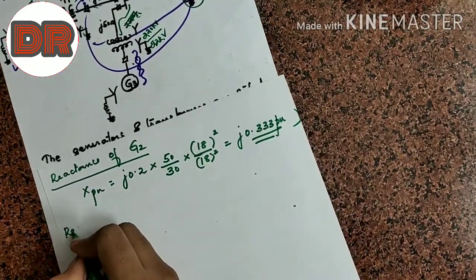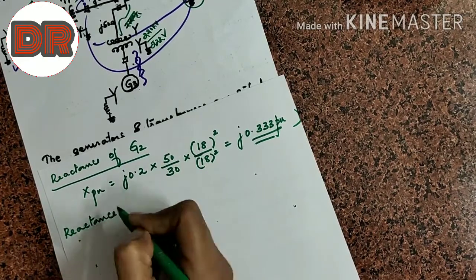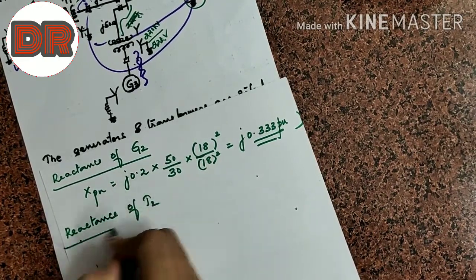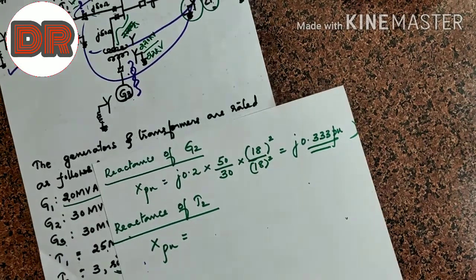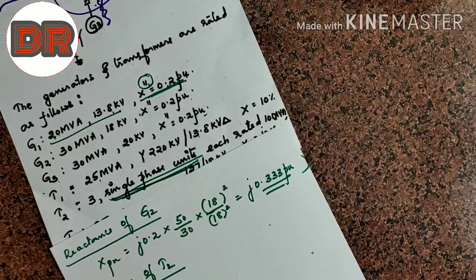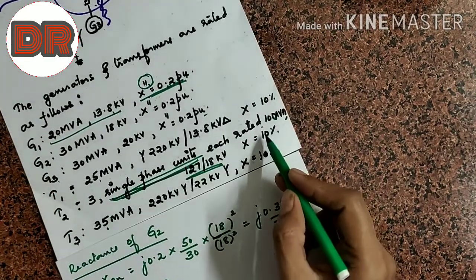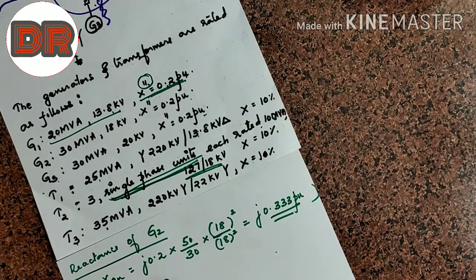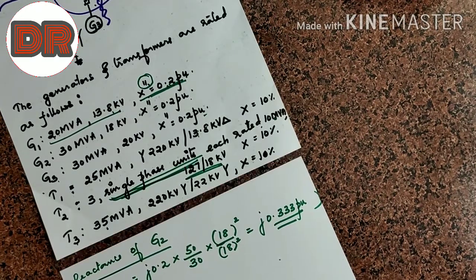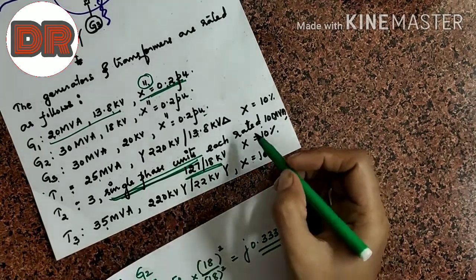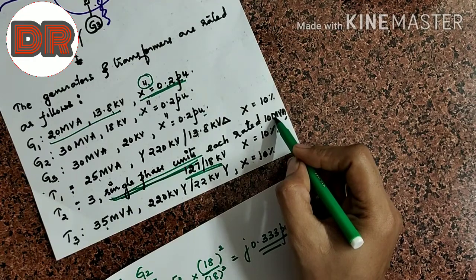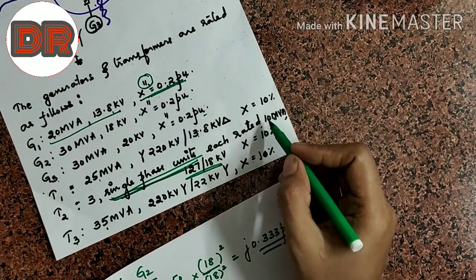Next we'll calculate for transformer T2. So reactance of T2, and you have to be very careful here because T2 is a combination of 3 single phase transformers. The reactance value is 10%, so don't multiply by 3, it is for the entire system. So it is 0.1 itself into new MVA, that is 50, over old MVA. Each is rated 10 MVA, so 3 such units, 3 into 10, 30.